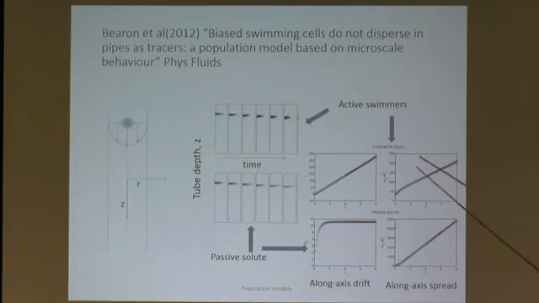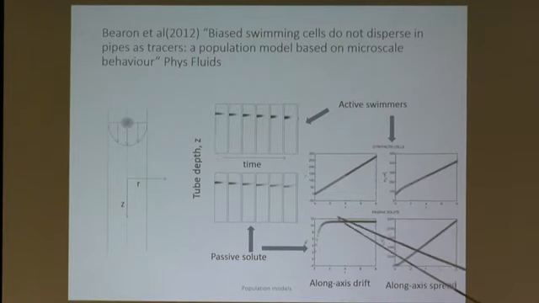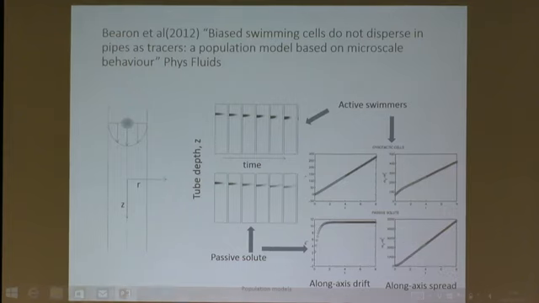These numbers are a bit small, sorry, but with the effective dispersion, there's an order of magnitude difference between these gyrotactic active swimmers and this passive solute, and their along-axis drift is increasing rather than moving with the mean. This is basically because the cells are all moving to the centre of the channel where the flow is fast. So they're moving much quicker because they're going with the central speed rather than the mean drift, and they're dispersing much less because they're not sampling all across the channel. And hopefully there'll be an experimental paper to complement this very soon.